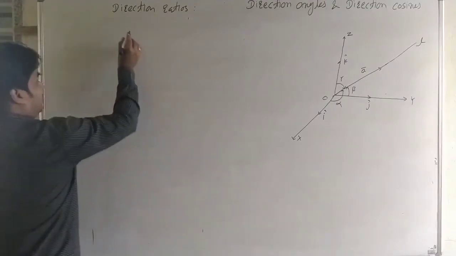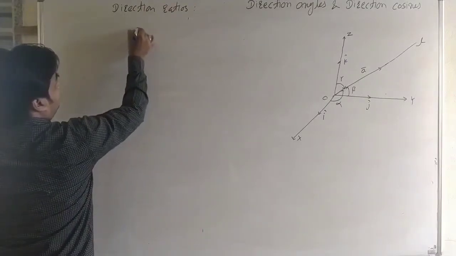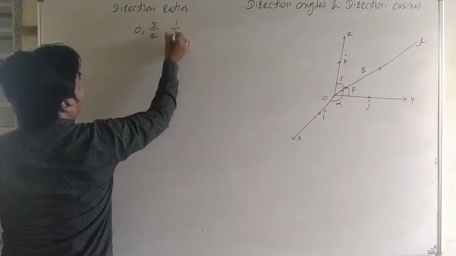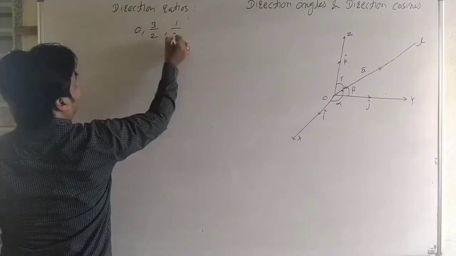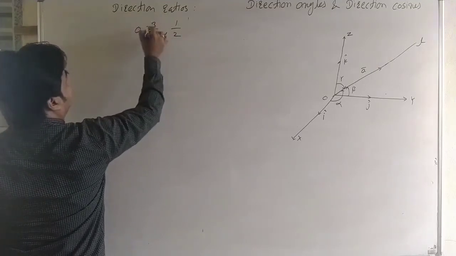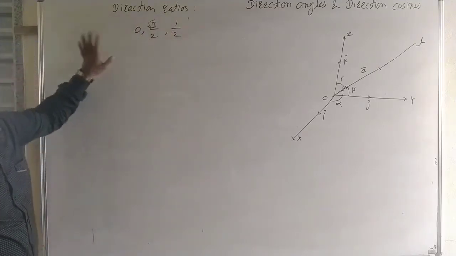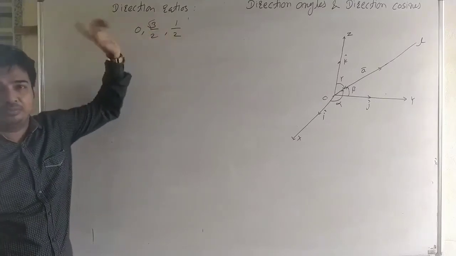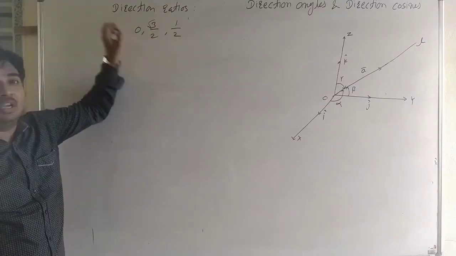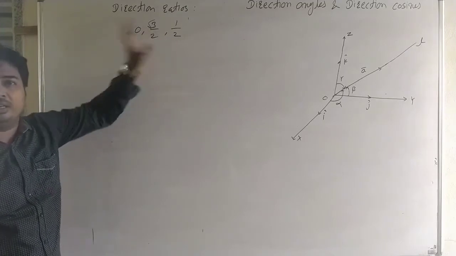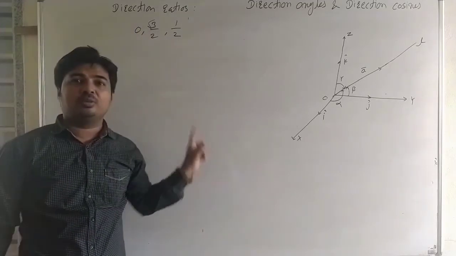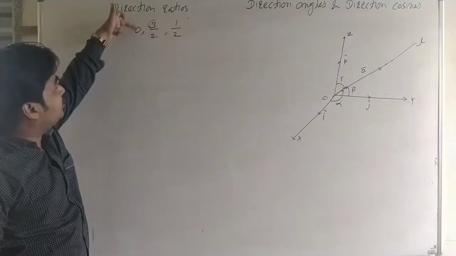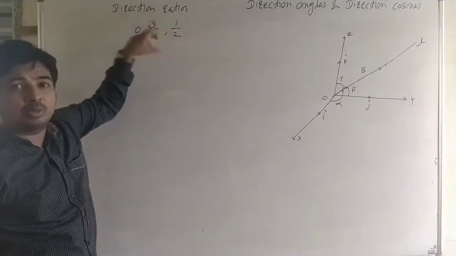Let us suppose the numbers are 0, root 3 by 2 and 1 by 2. These are direction cosines, since squaring and adding gives 1: l square plus m square plus n square is 0 plus 3 by 4 plus 1 by 4, which is 1.